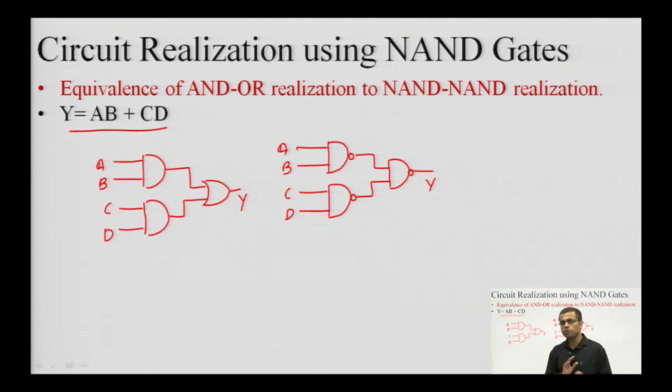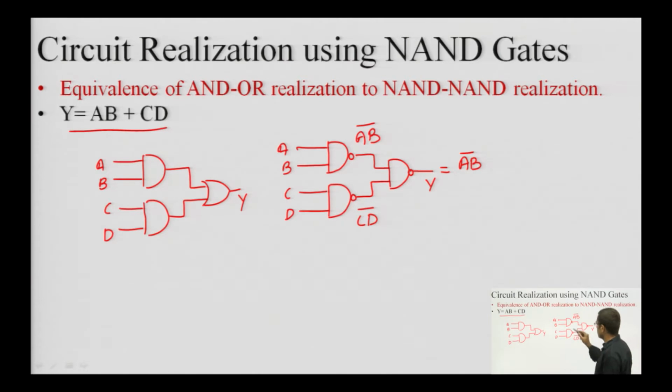That means they will be working exactly similarly. I can see that this will be giving me ab whole complement, and this will be giving me cd whole complement. Similarly, if I label the inputs 1, 2 and 3, to this third NAND there are 2 inputs, the first is ab bar and the second input is cd bar, and both will be multiplied and further complemented.